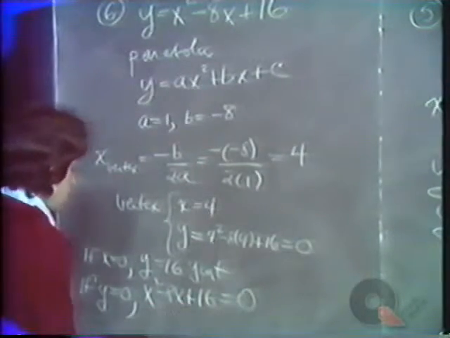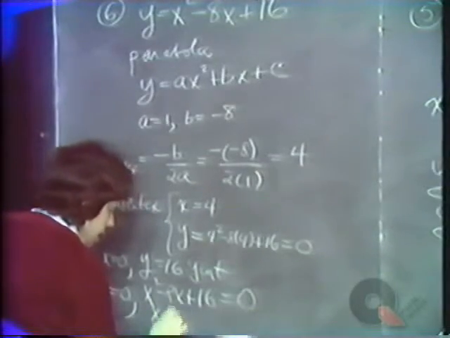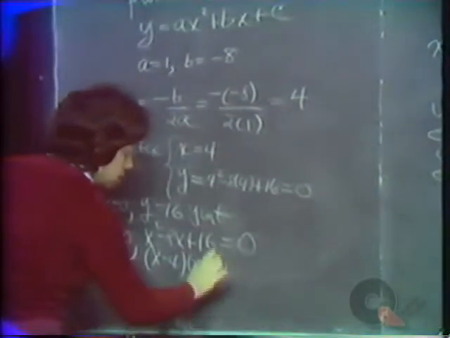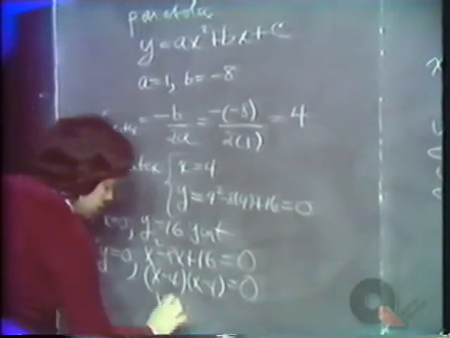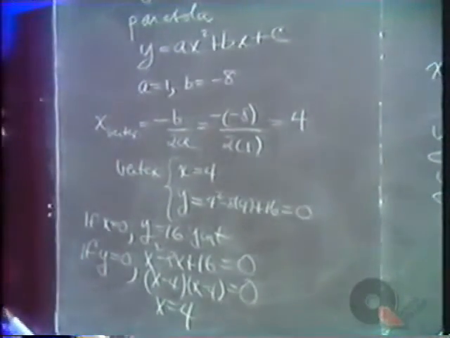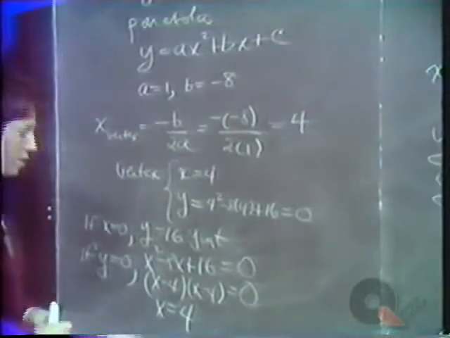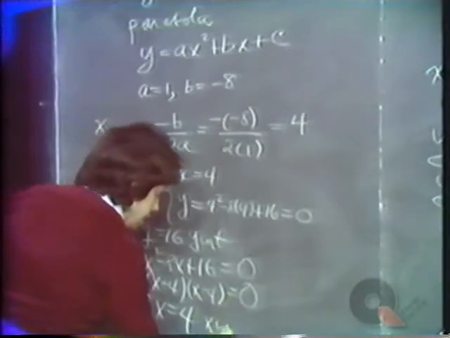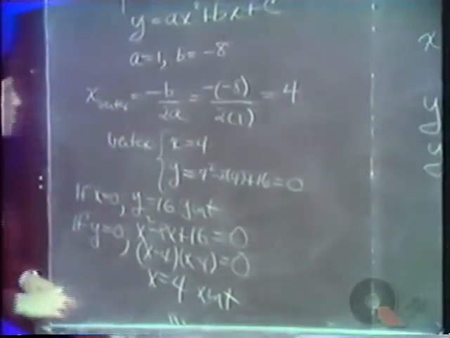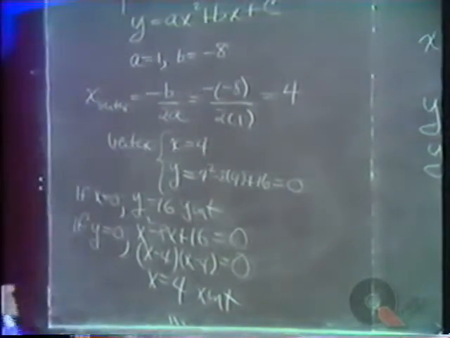This is a quadratic equation which can be factored. X minus 4 times x minus 4 equals 0, giving us x equals 4 in both instances. So if y equals 0, the x-intercept is 4. And the x-intercept turns out to be the same as the vertex here.